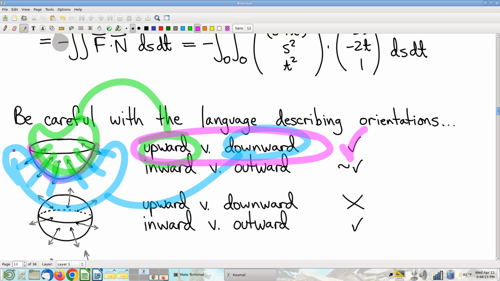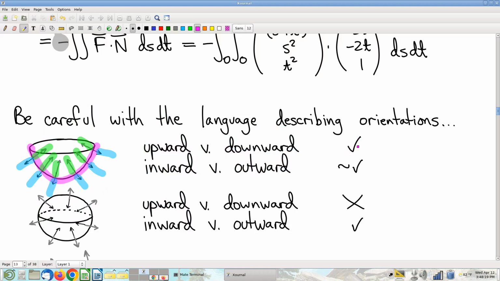Now you could also, if you want, say inward versus outward, and I say, well, this is kind of okay. My little quibble with this is the word inward to me suggests that there's an inside, and well, there isn't. The paraboloid is not a closed surface.